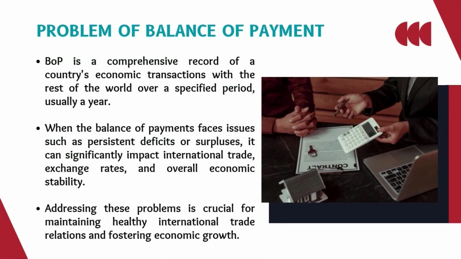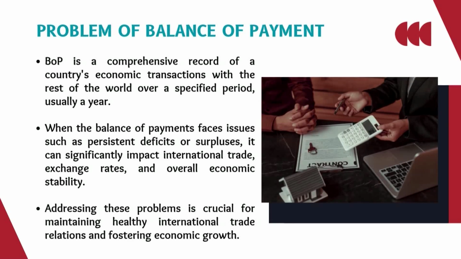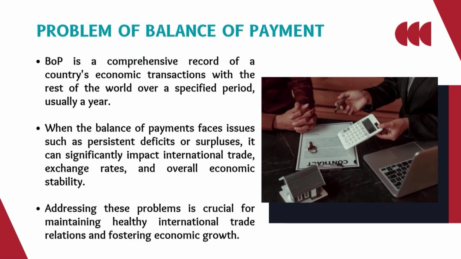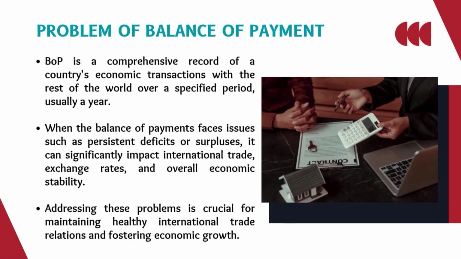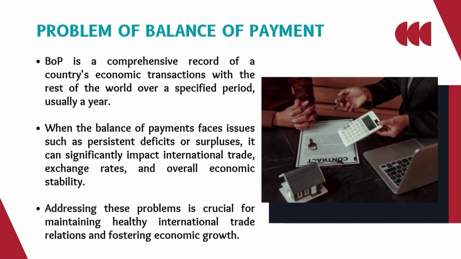While balance of payment faces issues such as persistent deficit or surplus, it can significantly impact international trade, exchange rate, and overall economic stability. So that is why we need to address the issue of balance of payment in the case of international trade, and that is why it is considered to be an important feature of international trade.